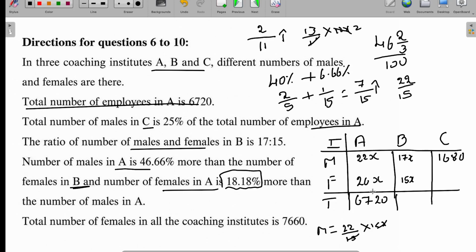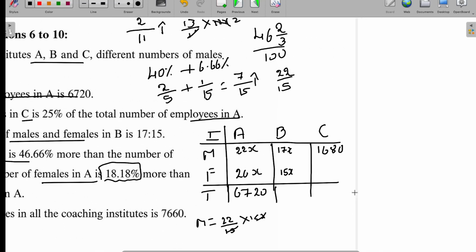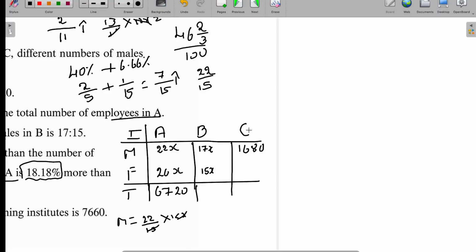See, from this I can find out the x value easily because I know it is males, it is females, total will be 6720. So if I solve that equation, 22 plus 26, 48x is equal to 6720. 0 I will always keep aside because that is the way I can calculate easily. 672 into 10 divided by 48.